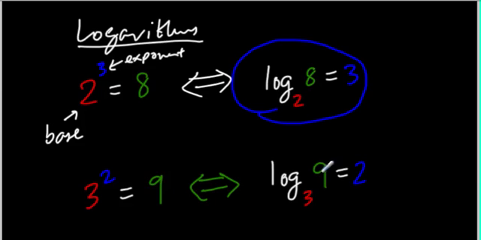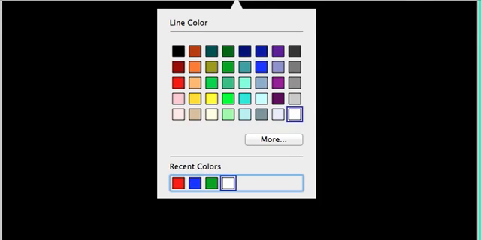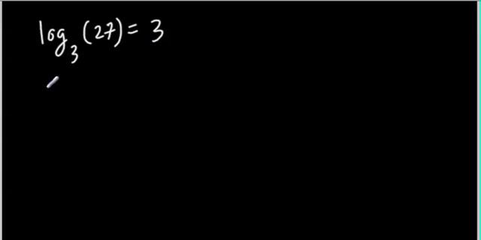Let's do a couple of examples of this. I'm just going to use white this time because too many colors is a bit much. Say, for example, I write log base 3 of 27. The question is, 3 to the power of what will give you 27? The answer is 3. Let's do log base 5 of 125.